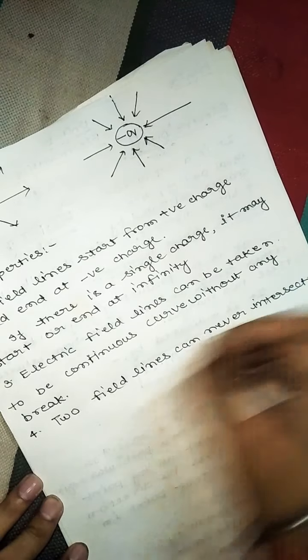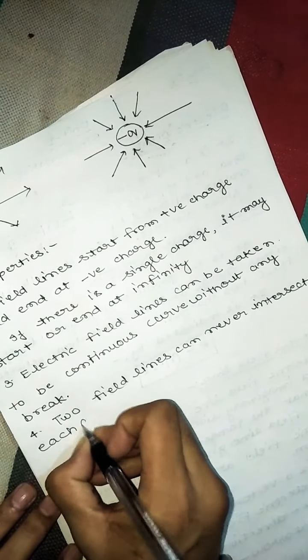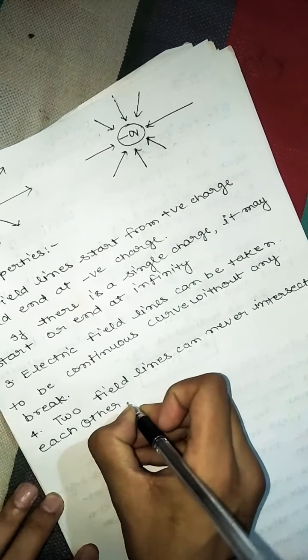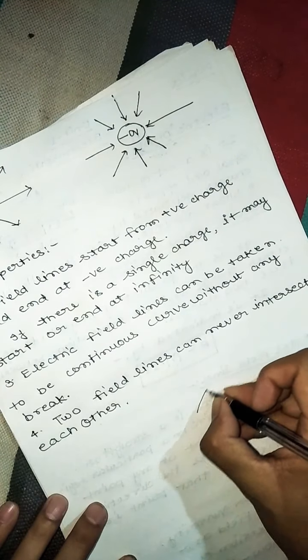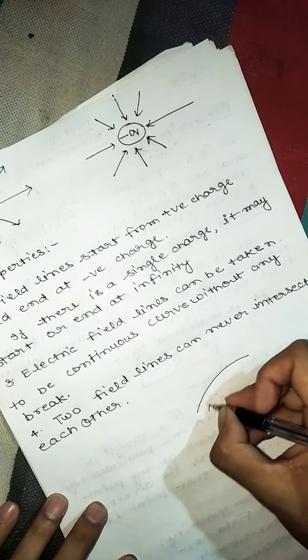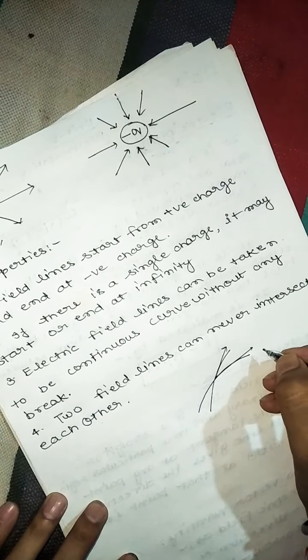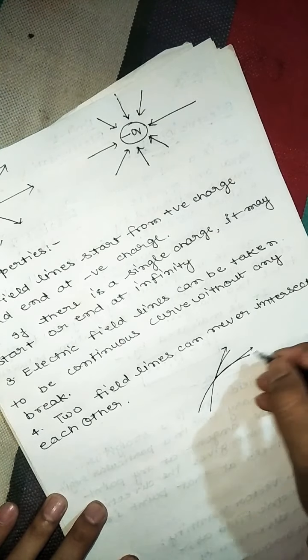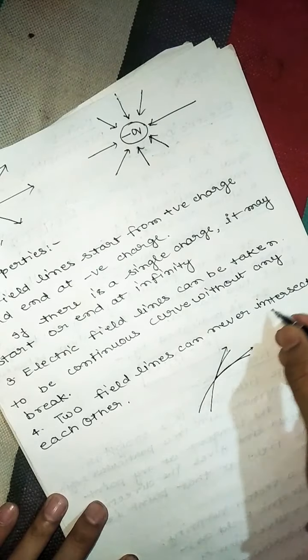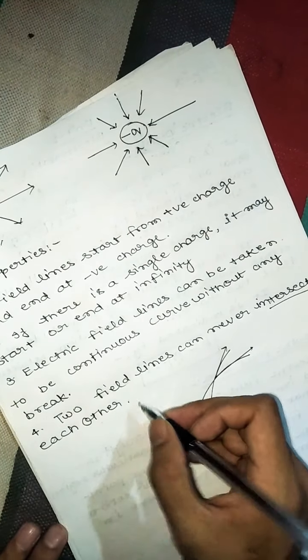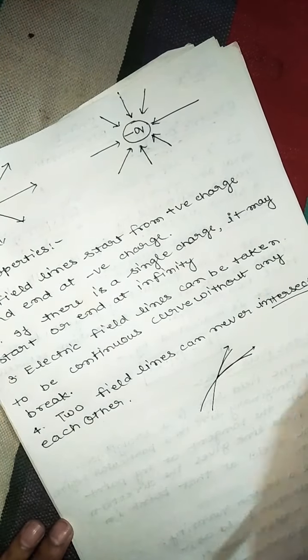Why? Suppose two field lines are intersecting one another. There would be two tangents, and for a single electric field there should not be two directions. That is why they never intersect each other.